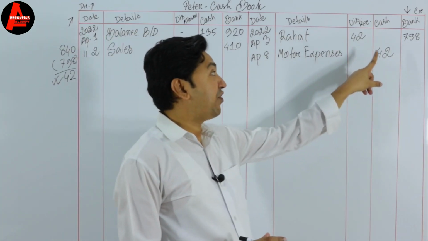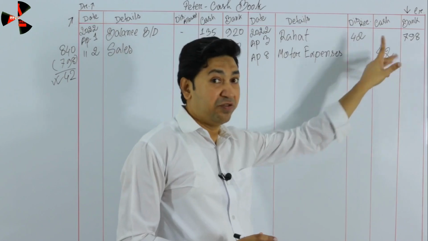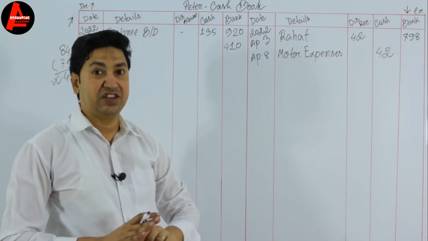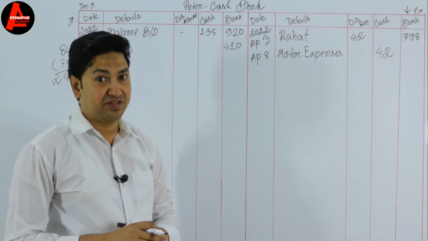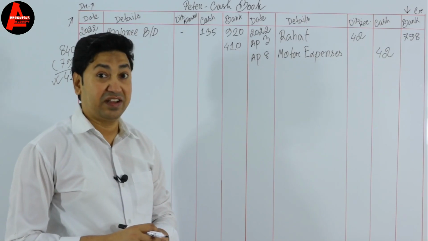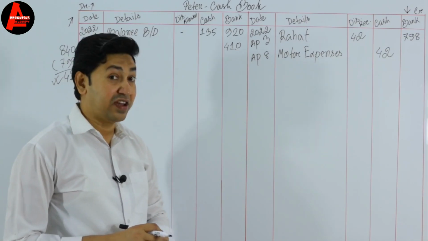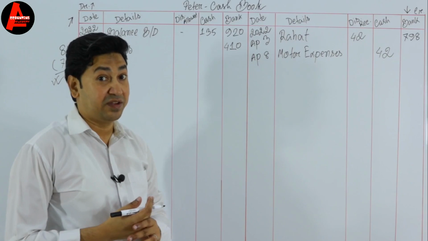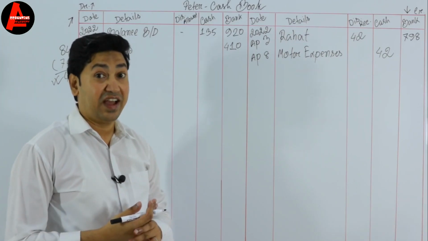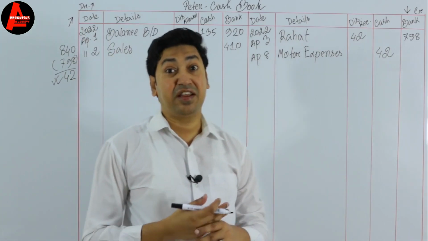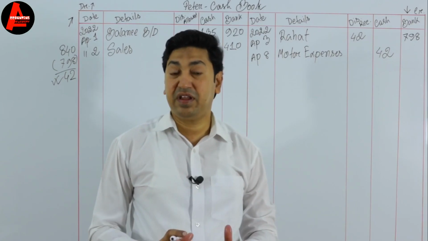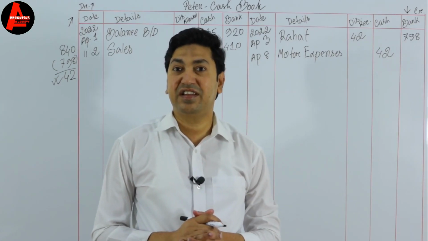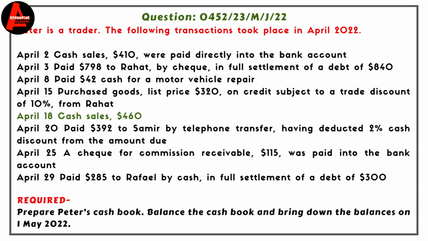Here in the cash book, we write all cash and bank related transactions, but it is not a cash or bank related transaction, so we will not take this transaction here. Now you might be thinking why it is given in the question then. Yes, just to check your understanding. If you understand whatever is given, you will be able to answer correctly. Okay, so let us ignore it.